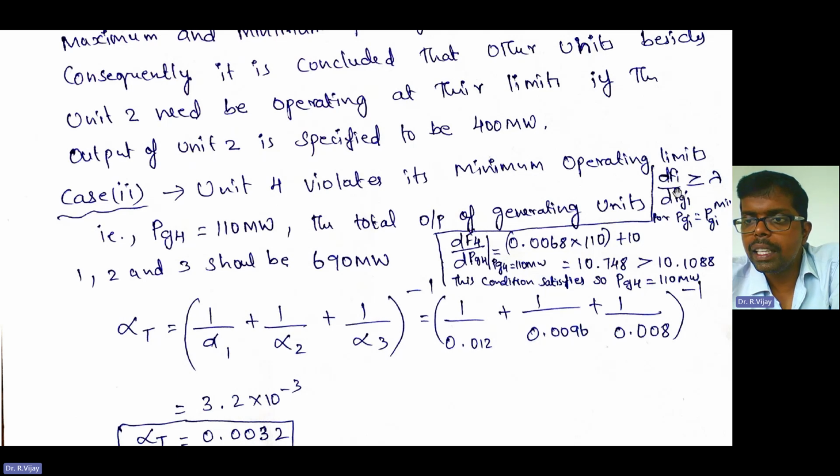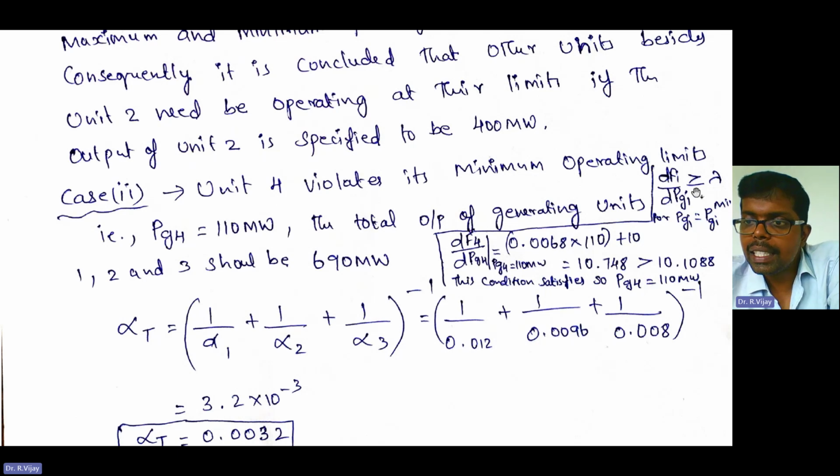That is dFi divided by dPGi is greater than or equal to lambda for PGi equal to PGi minimum. So dF4 divided by dPG4, taking PG4 as 110 megawatt. This dF4 divided by dPG4 is already given in the problem data, and substituting PG4 as 110 megawatt, we find dF4 divided by dPG4 as 10.748.